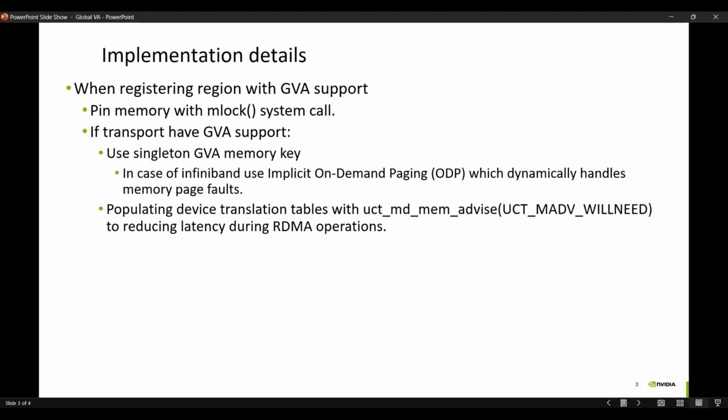Any more discussion, guys? I guess I had a question on what the general critical path overheads are now. If we move to implicit ODP and then page lock too, would it mean that in the critical path you pretty much experience no registration overheads?